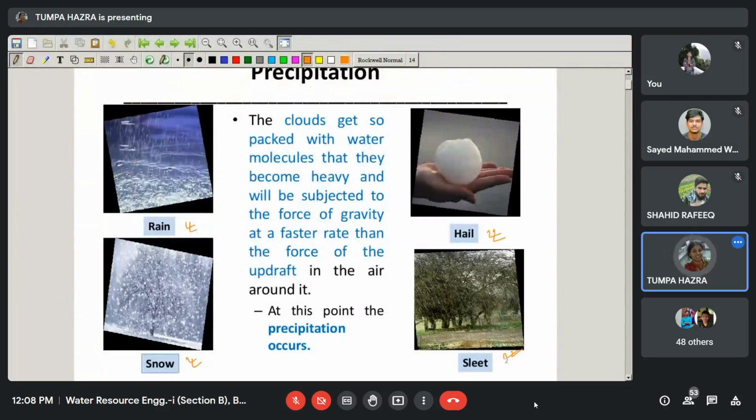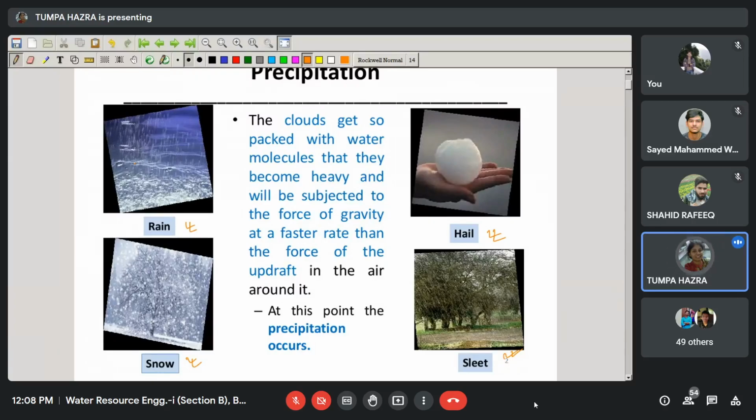That is why mainly rain and snow are considered as precipitation. In India, snowfall only occurs in the northeastern region and northern Himalayan region. So for our case, rain is the predominant form of precipitation.